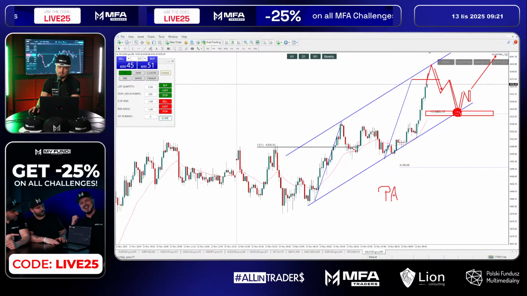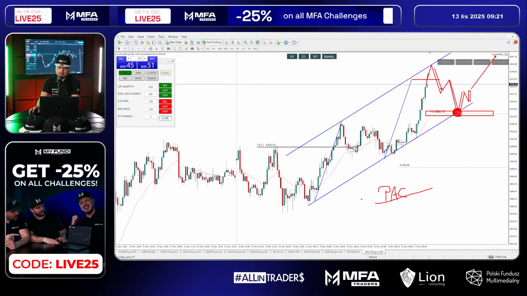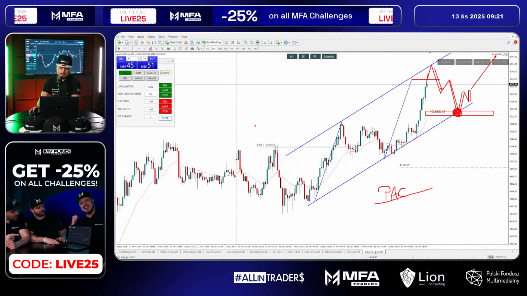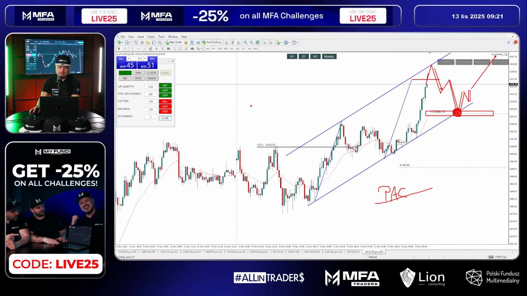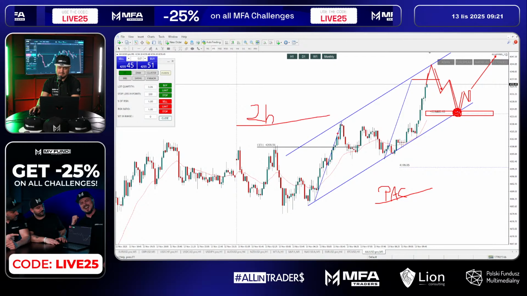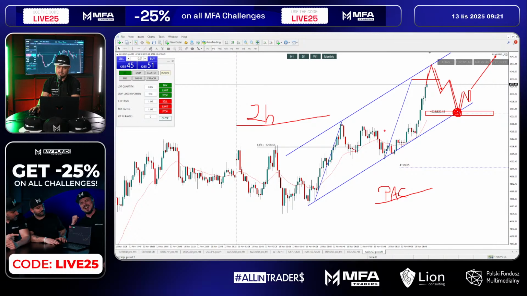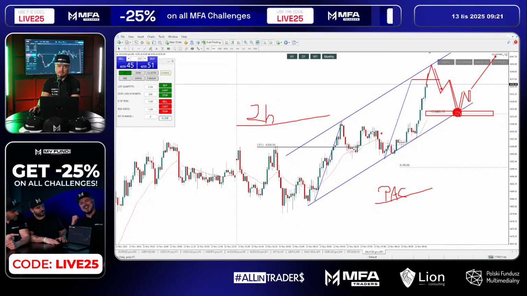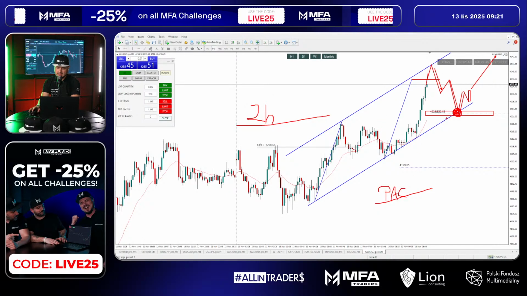Okay, different strategy. We cannot use it now because we need to wait maybe 1.5, maybe 2 hours, because in the morning it's working like 50-50. Okay, so it's better to wait for some more information on the market and use it later.